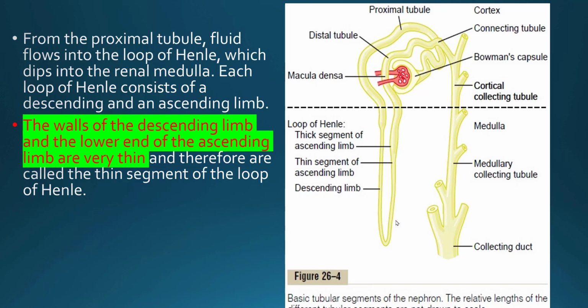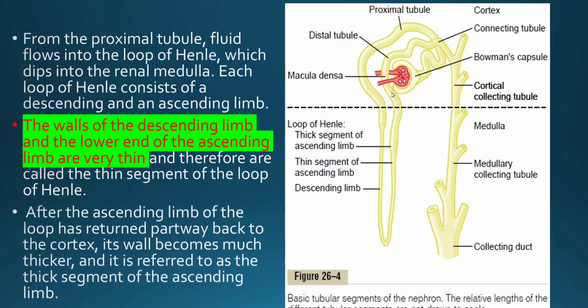The wall of the descending limb and the lower end of the ascending limb are very thin, and therefore are called the thin segment of the loop of Henle. After the ascending limb of the loop has returned back to the cortex, its wall becomes much thicker, and it is referred to as the thick segment of the ascending limb.